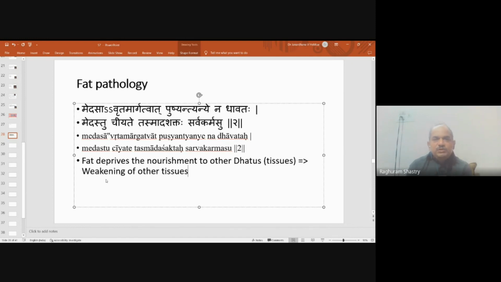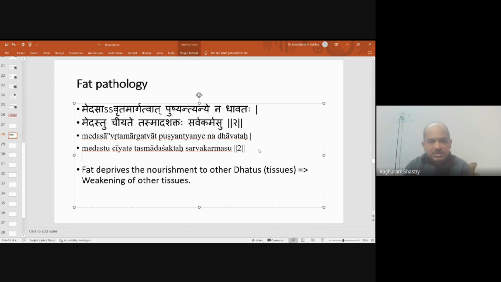So probably Meda Savruta Margatvat Pushyanti Anye Na Dhatavaha should be one of the golden guidelines for Ayurvedic doctors, wherein we need to look at certain problems, especially metabolic problems, coming into our clinics. We need to see if Medovaha Srotas or Medovaha Srotodushtijanya Vikaras are manifested in some conditions of Pandu, or in anemia and other conditions.